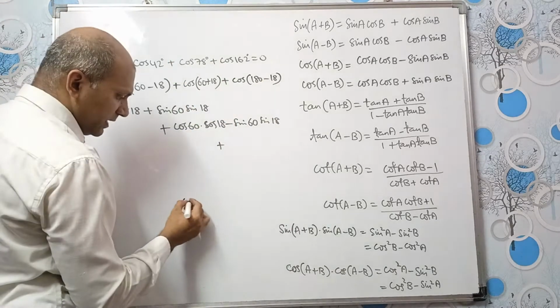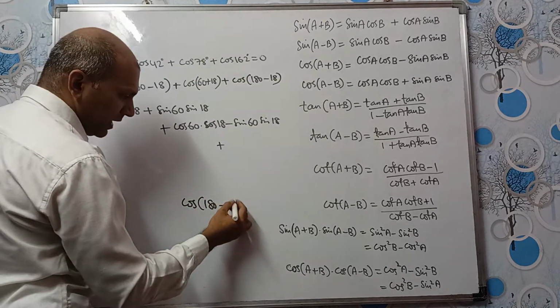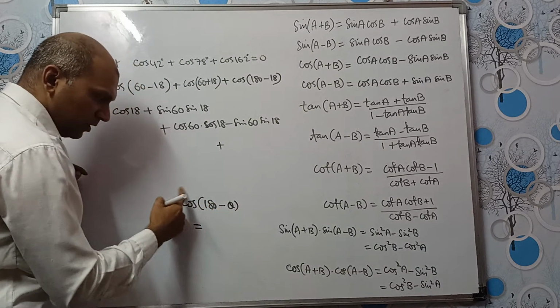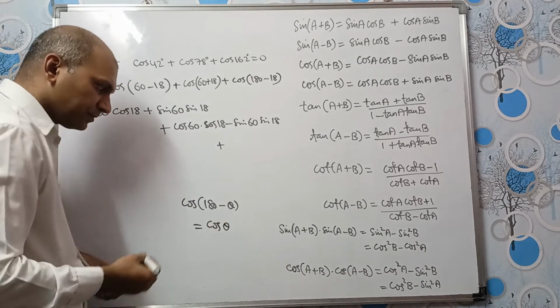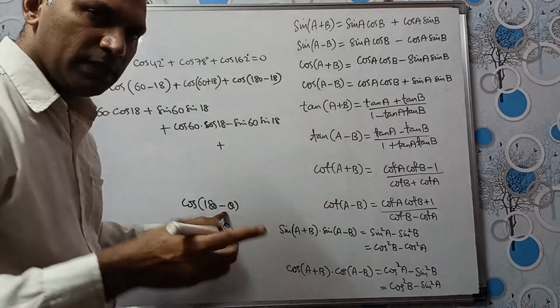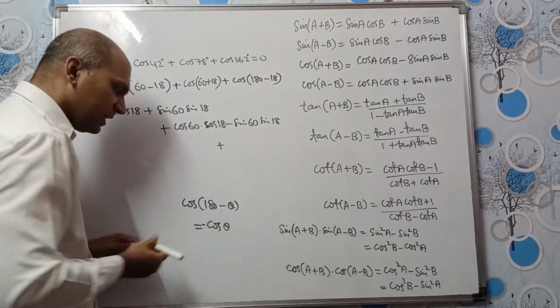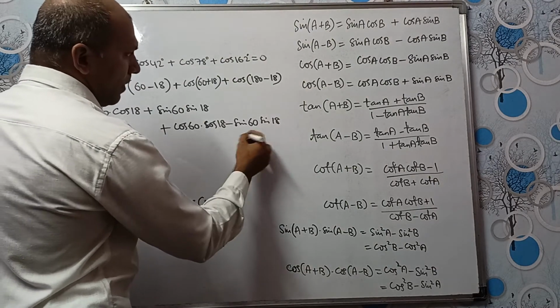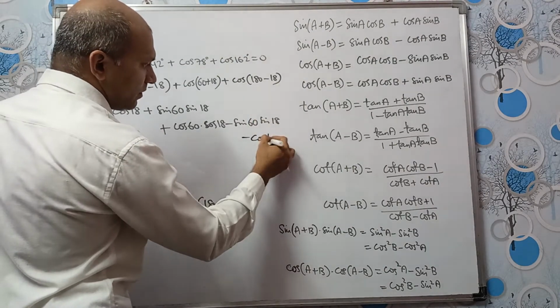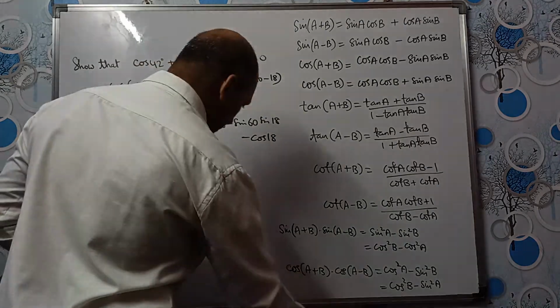So we have studied in the previous videos cos(180 minus theta). At 180 the trigonometric ratio will not change, cos will remain cos. But 180 minus theta is in the second quadrant, so we'll have negative cos, so this will be minus cos theta. In place of theta we have 18, so it will be minus cos 18.